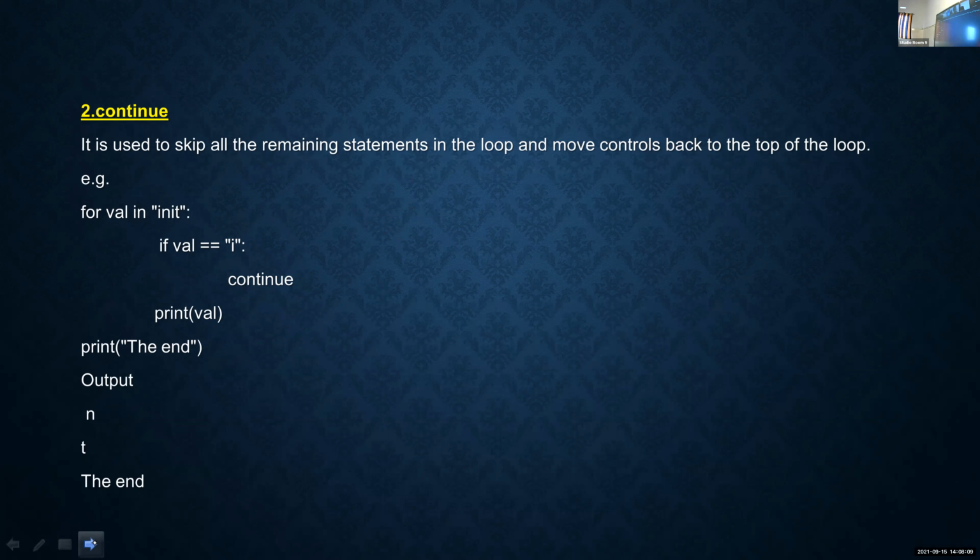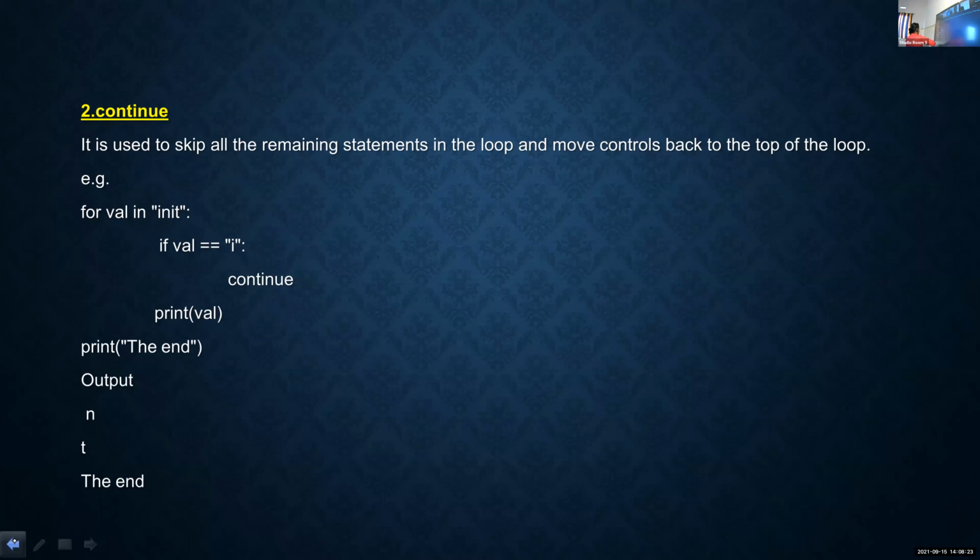Here, in the case of break, the control moves to the last portion, that is after the iteration is executed. But in the case of continue, the control moves back to the top of the loop.